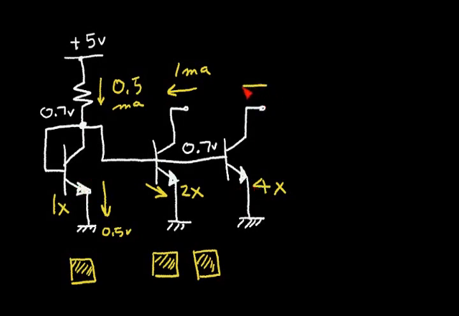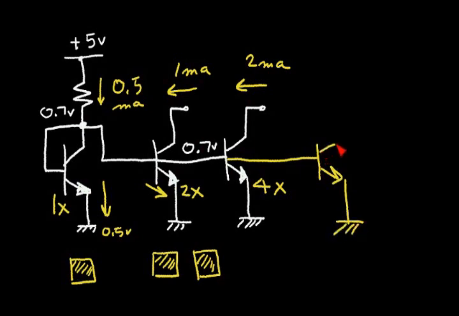In that case, I've made a current source that runs 2 milliamps of current. So you can see by adjusting the base emitter area of these NPN transistors, I can create many different transistors here with different current properties.